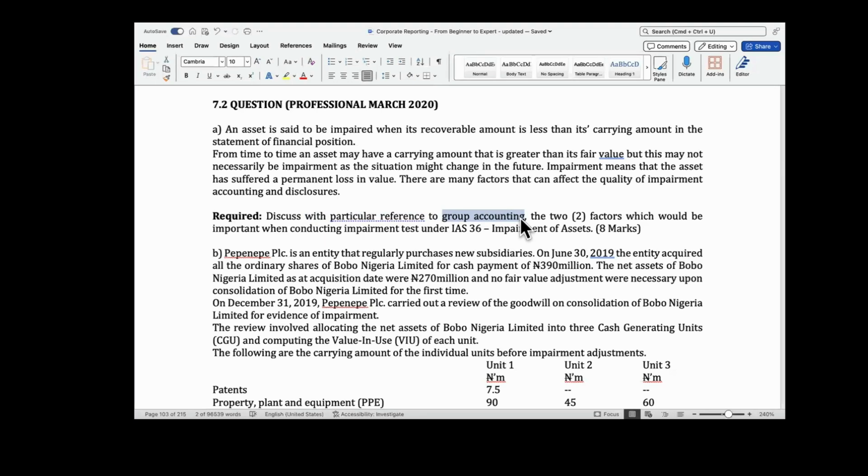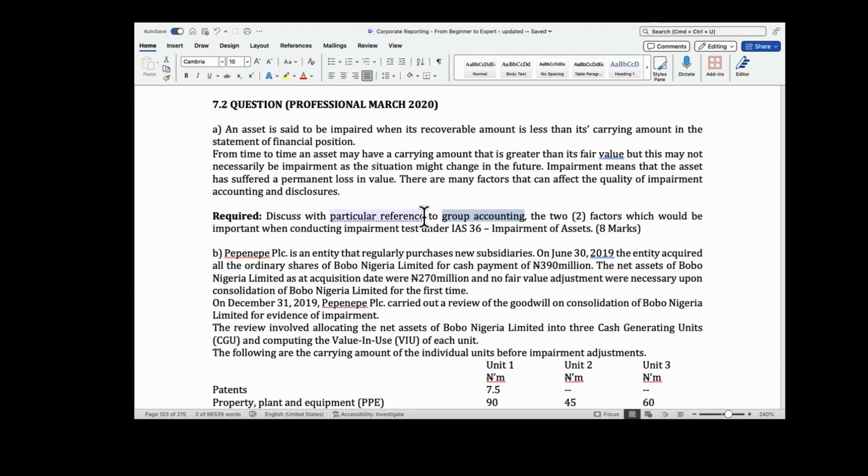And that's all you need to tell the examiner. That in a group account, after you have explained what carrying amount is, you now say in a consolidated account, the carrying amount of the group is the addition of the carrying amount of the parent and that of the subsidiary. You have made reference to group account.